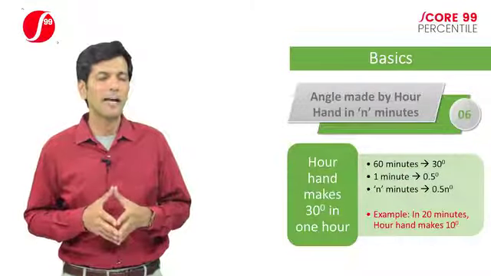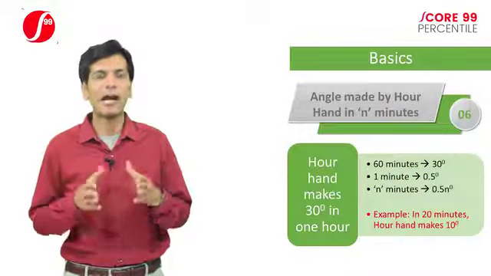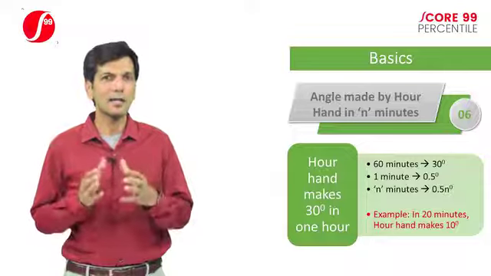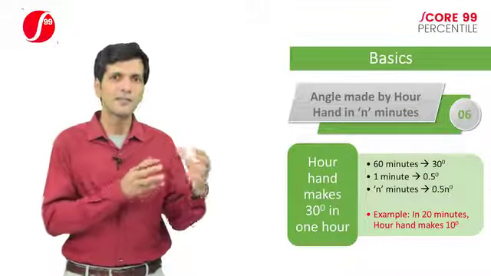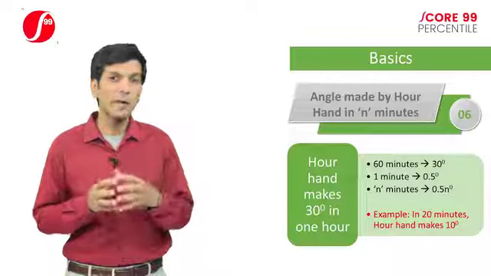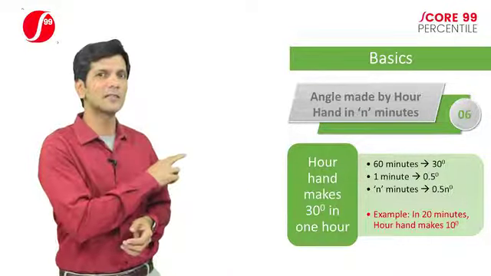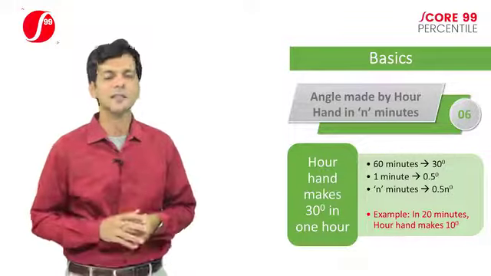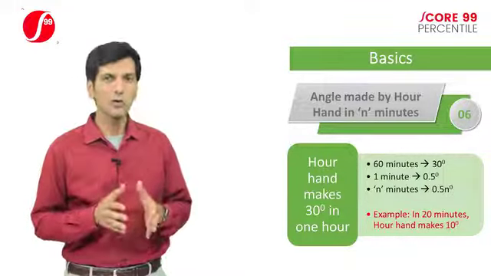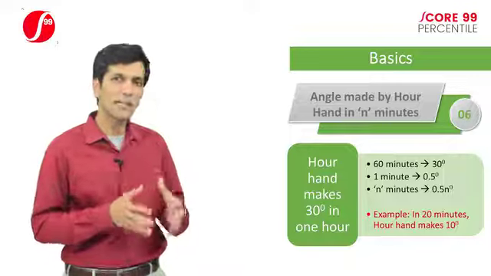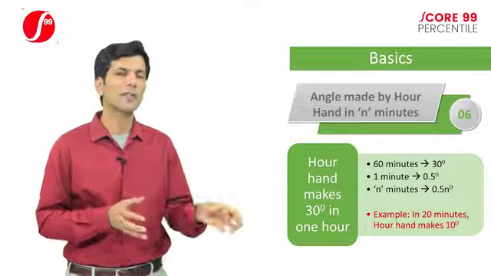Now remember that a little while back we discussed that the hour hand in 12 hours makes 360 degrees, or every hour it is making 30 degrees. So every 60 minutes the hour hand makes 30 degrees, which means that every minute it is making 0.5 degrees.